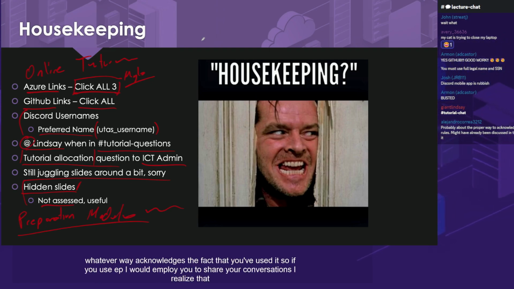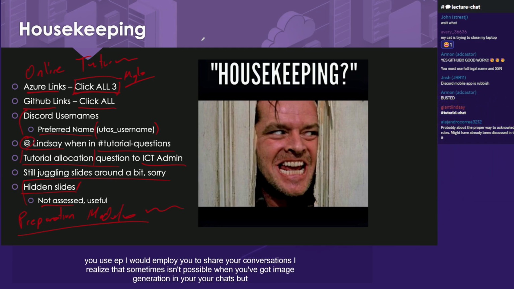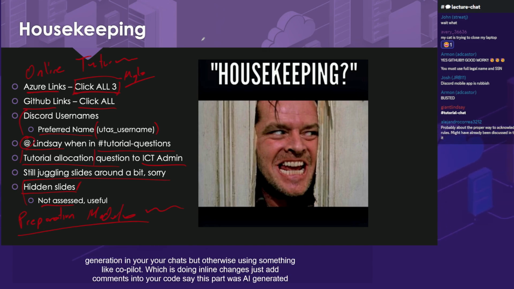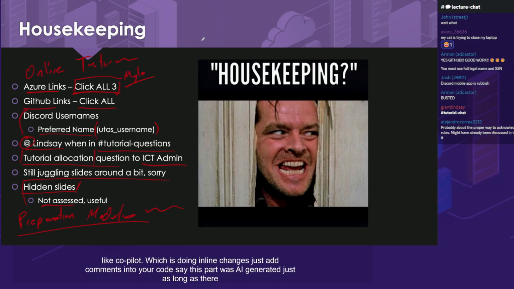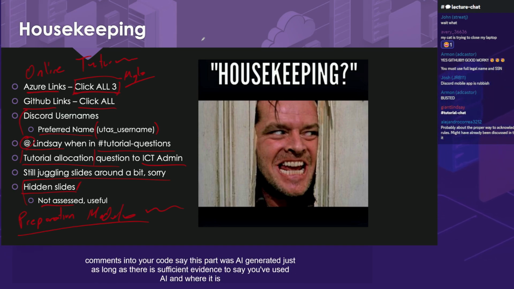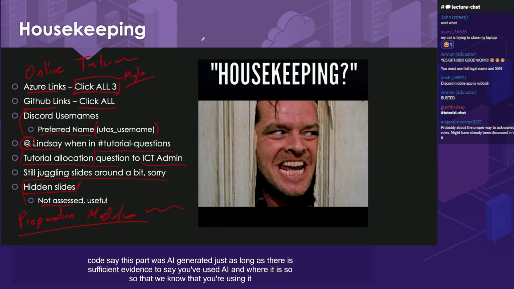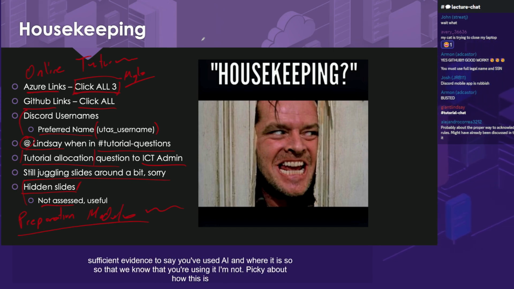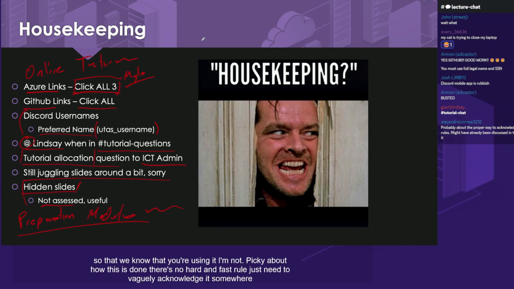I realize that sometimes isn't possible when you've got image generation in your chats, but otherwise, if you're using something like Copilot, which is doing inline changes, just add comments into your code to say this part was AI generated. Just as long as there is sufficient evidence to say you've used AI and where it is, so that we know that you're using it. I'm not picky about how this is done. There's no hard and fast rule. Just you need to vaguely acknowledge it in some way. Great question, Alejandro.